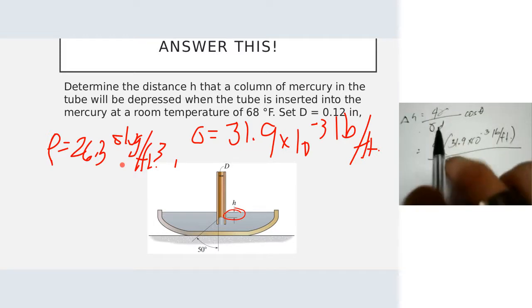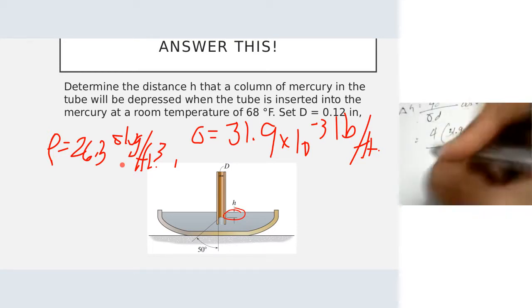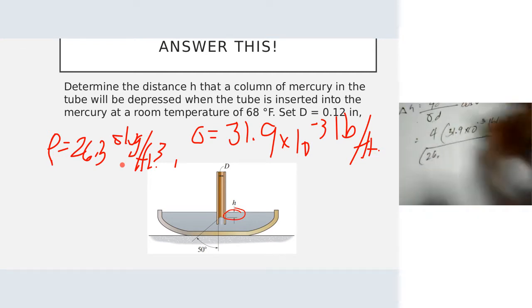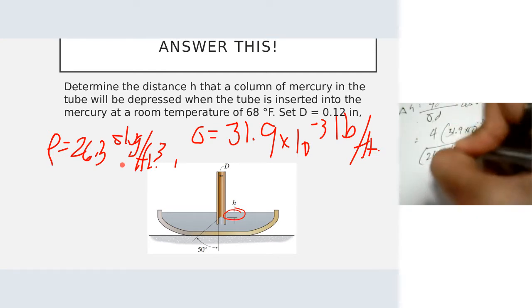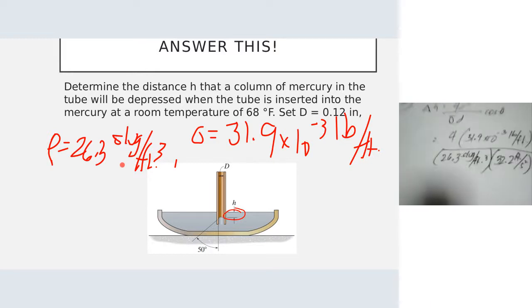In this case, it's English, so 32.2 feet per second squared. So this is 26.3 slug per feet cube times 32.2 feet per second squared. So yan na yung unit weight natin.